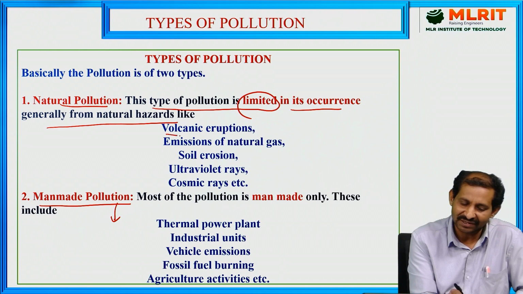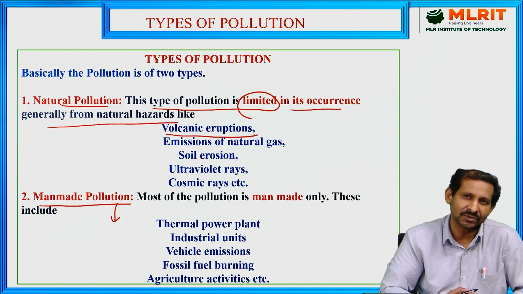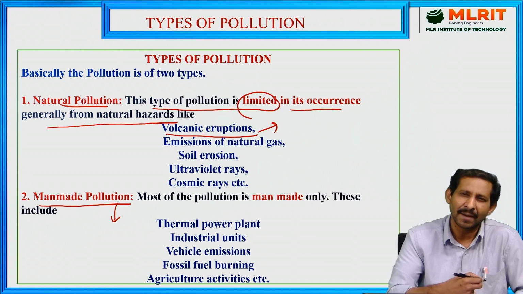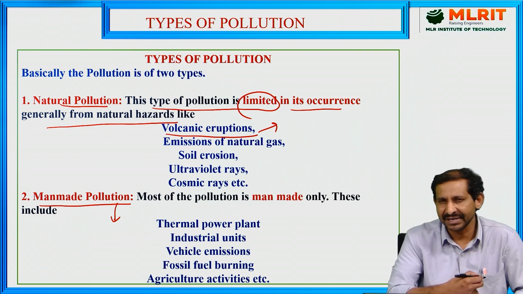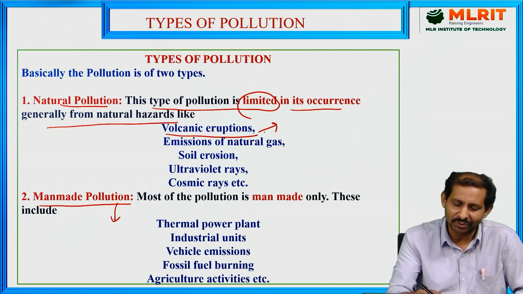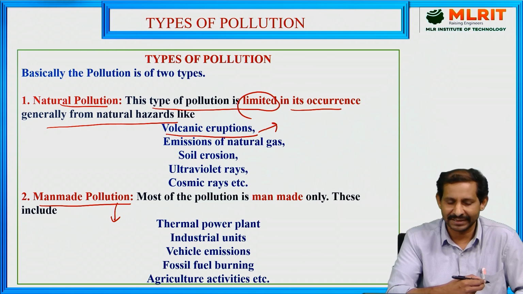Natural pollution includes volcanic eruptions. When volcanoes erupt, a lot of gases, dust particles and particulate matter come out, and a lot of poisonous gases are released, such as sulfur and nitrogen oxide compounds. So pollution is created.